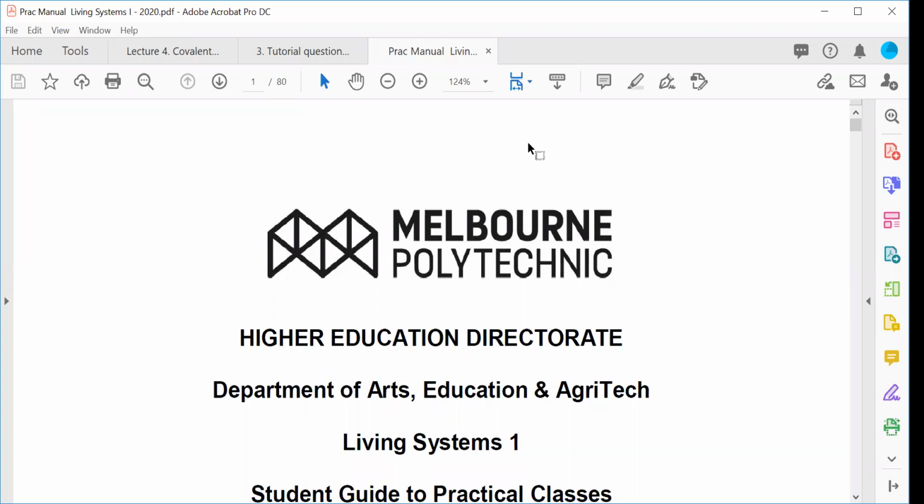So let me just say, firstly, for anyone that joined in late, I received official notification late this afternoon that Melbourne Polytechnic will not be closing. Face-to-face classes will go ahead for many subjects, not for all of them. You've probably already been notified by a couple of your lecturers that certain subjects will now only be delivered online, but not face-to-face.